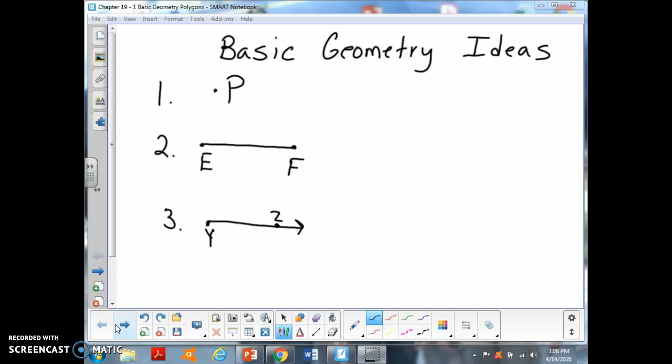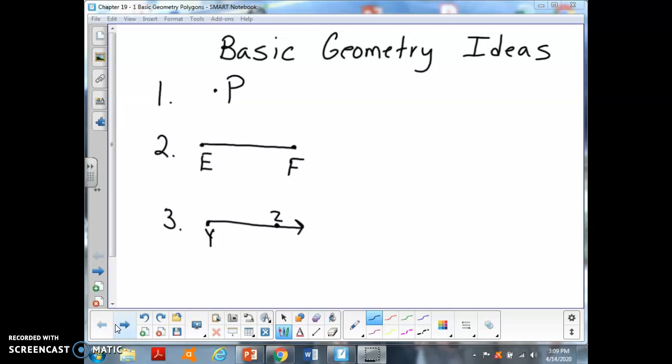Then there's a ray, which has 1 endpoint and then goes on in one direction. Again, all our labels are with capital letters. And then there are segments, or line segments, which have 2 endpoints and a definite length. They don't go on and on.